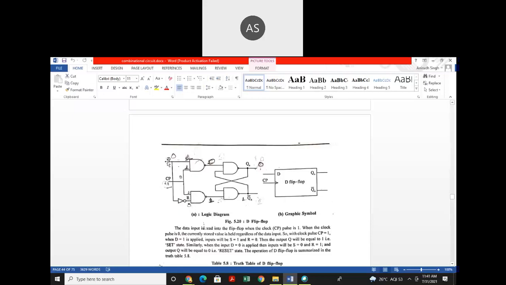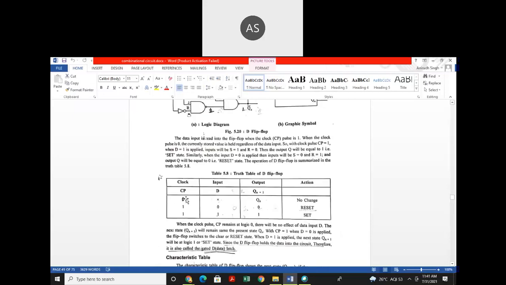If we apply D equal to 1, S is 1, R is 0. S is 1, it means that it is in set state, Q is 1, Q bar is 0. If we apply 0, it means S is 0, R is 1, it means that Q is 0 and Q bar is 1.